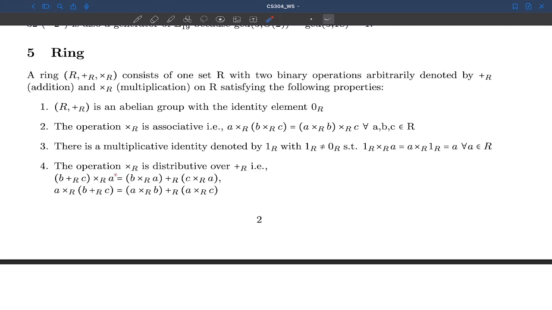And the same thing should be true when I apply the second operator from the left side. So it should be distributive from the right side and from the left side. So you got what is distributive. The second operator should be distributive over the first operator. So these are the four conditions which must be satisfied in order for this combination to be a ring.